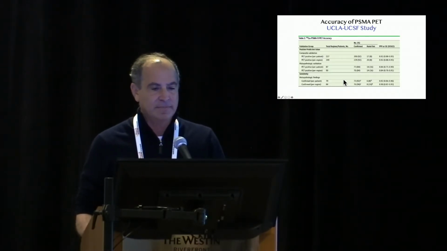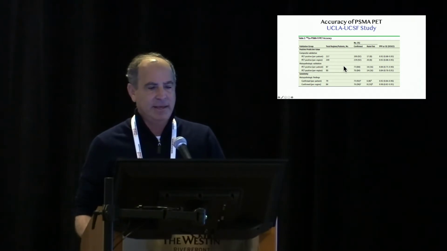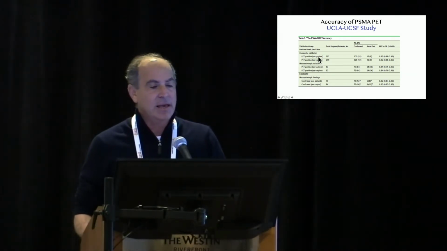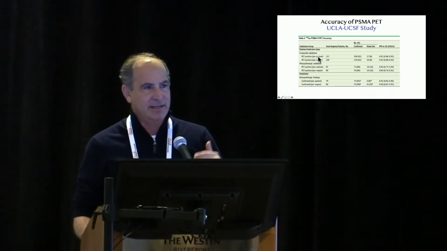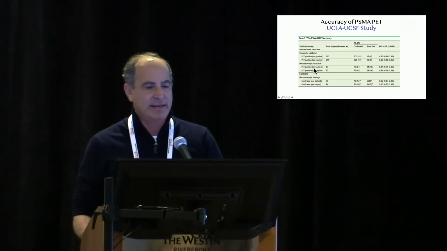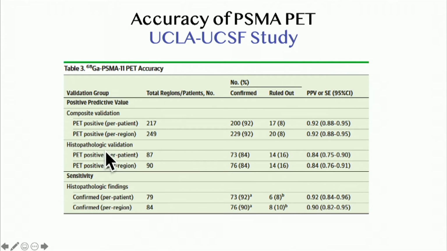We also looked very carefully, because we also went to the FDA with this information, at validation that PSMA positive lesions were actually prostate cancer. And we did this both with a composite validation based on response to therapy as well as pathologic validation. But we also did histopathologic validation in quite a few patients as well.